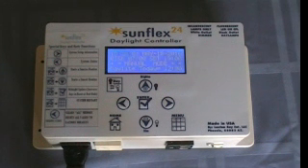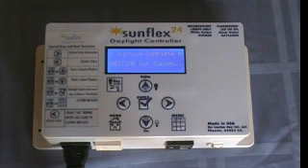Having said all of that, those are the features of the SunFlex24, but now we have the SunFlex24 Plus. The SunFlex24 Plus adds a temperature and humidity sensor. That feature is very important, especially at breeding time when the eggs are ready to hatch.